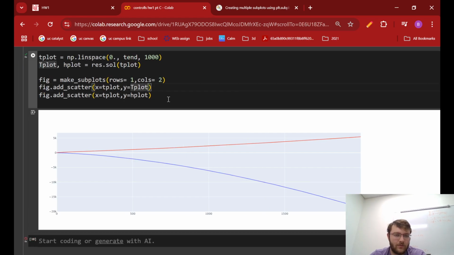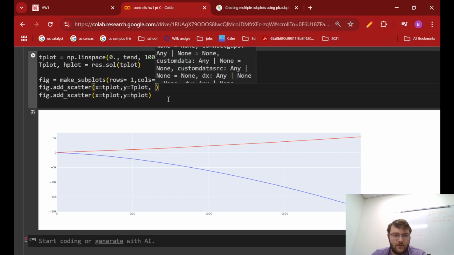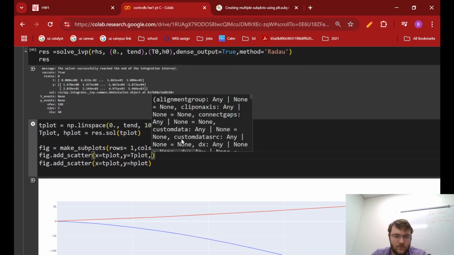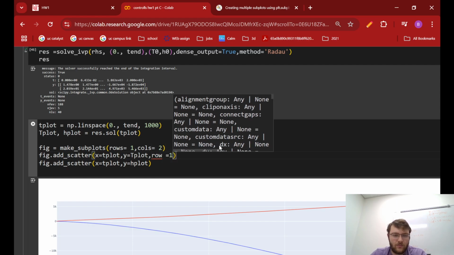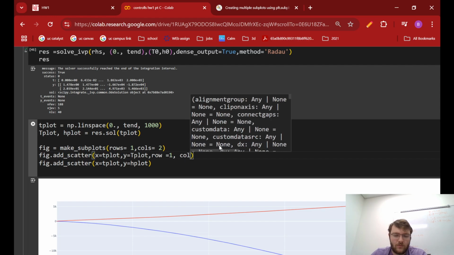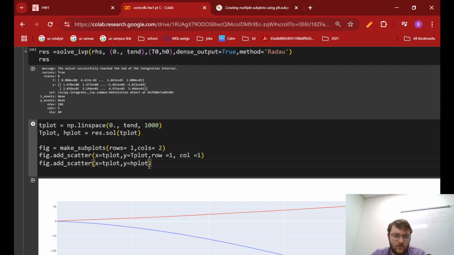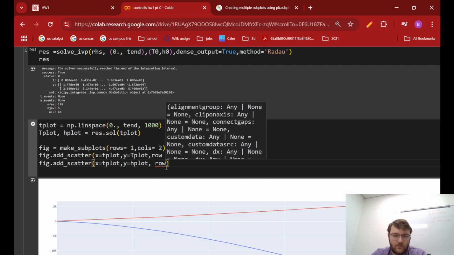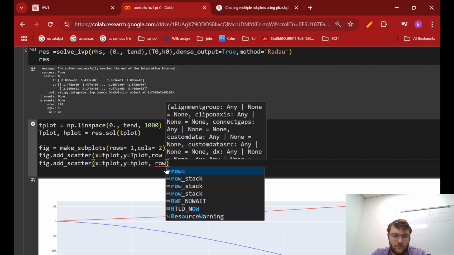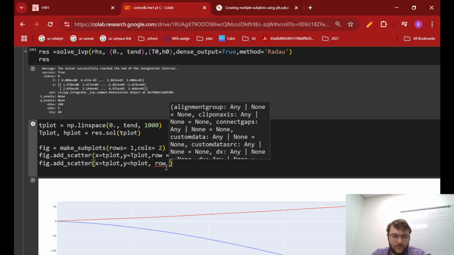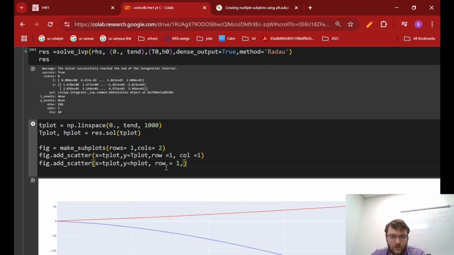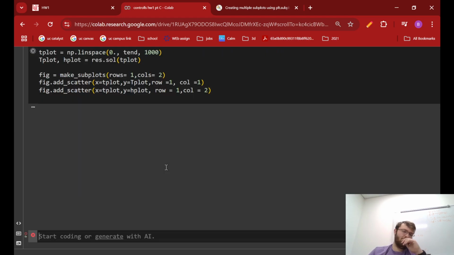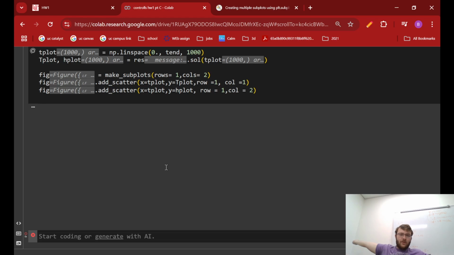We would like them on two separate plots. So in order to do that, row 1, column 1, and this I believe is row 1, column, oops, which I believe will split them.